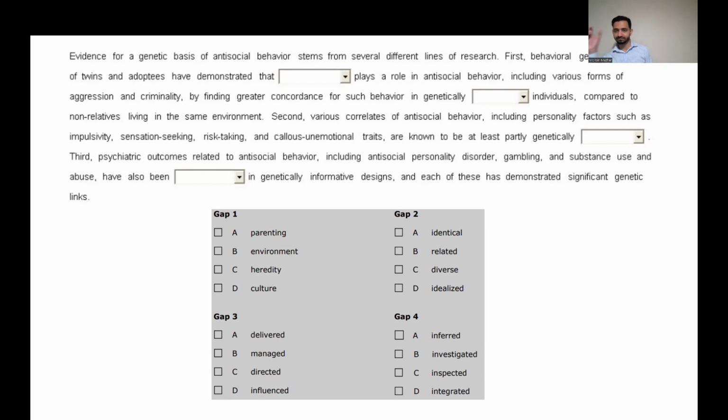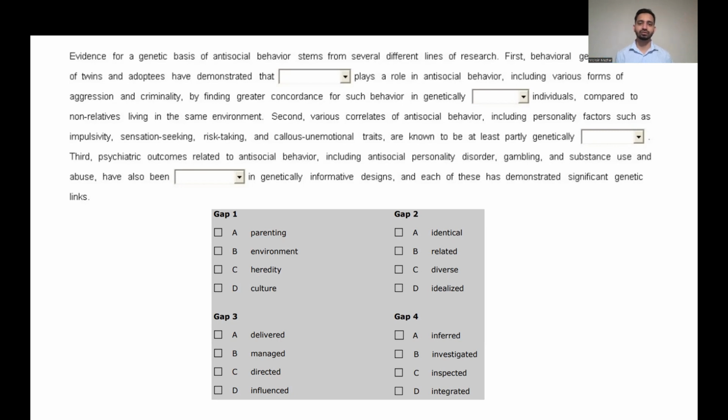If you read after that gap, you can see it's talking about non-relatives. So what's the opposite of non-relative? Related. So you've got to go with related. This makes sense here: finding greater concordance for such behavior in genetically related individuals compared to non-relatives living in the same environment.